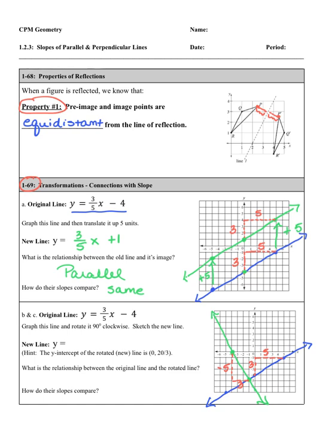Now, if we take a look at the next problem, it has you take that same original line, y equals 3/5 x minus 4, and now we're going to rotate it 90 degrees clockwise, so around this way, 90 degrees. And what that does is it makes my new green line perpendicular now to my old blue line.